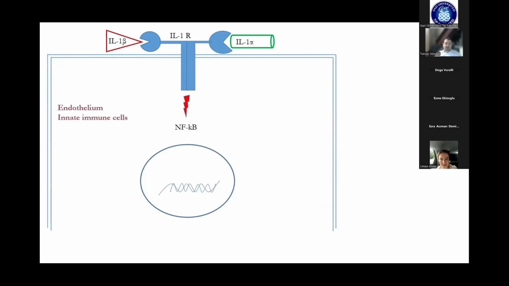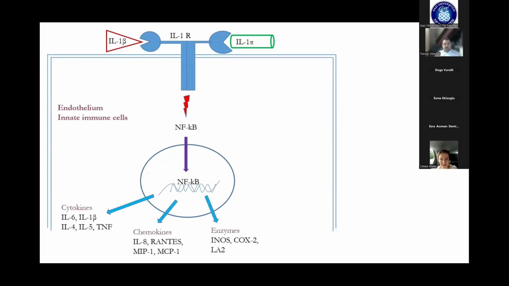This binding triggers nuclear factor kappa B activation intracellularly. Nuclear factor kappa B is a general inductor of inflammation, as you know. So this reaction causes production and release of a bunch of inflammatory molecules, cytokines, chemokines, inflammatory enzymes, and adhesion molecules.